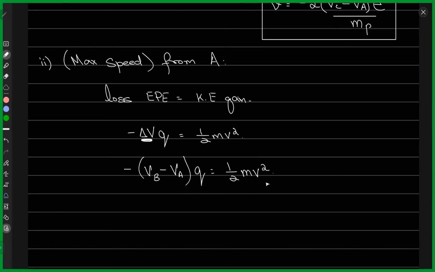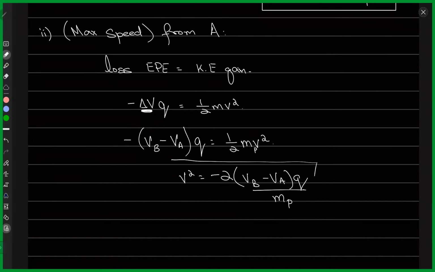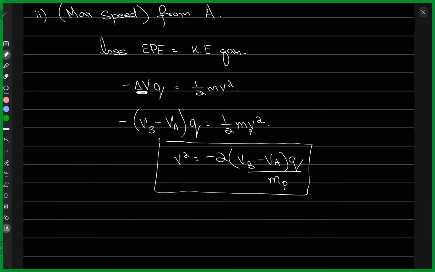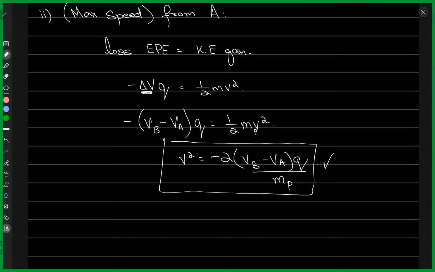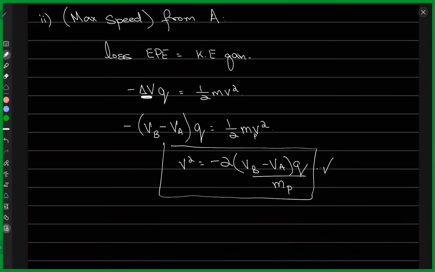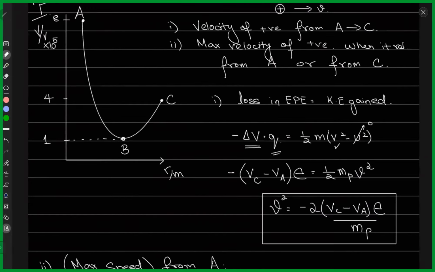You can write this expression for V squared as 2 (VB minus VA) Q divided by the mass of this proton, right? And then you can find the velocity from here. Now, this would be the maximum speed of this proton if it was released from this point A.